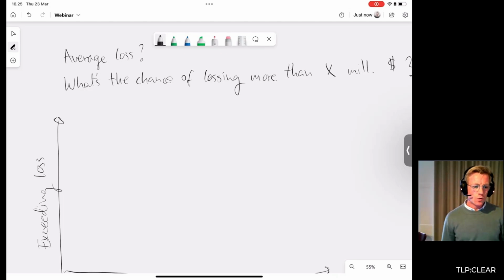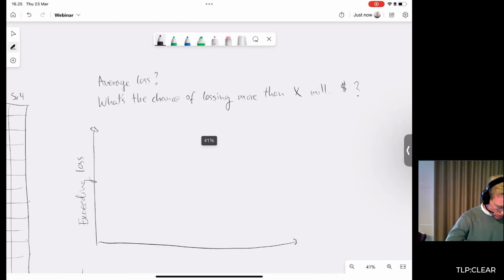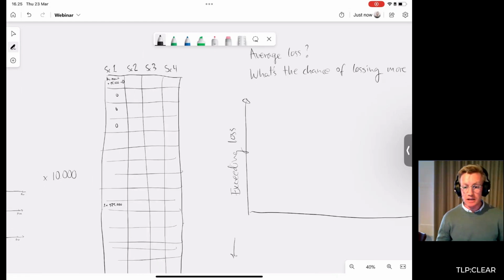And wait, what's the chance of me losing more than X amount of money in a year? Well, that is basically just going back to this table and counting how many of the times my events produced a number that was higher than whatever I want to know the answer about.